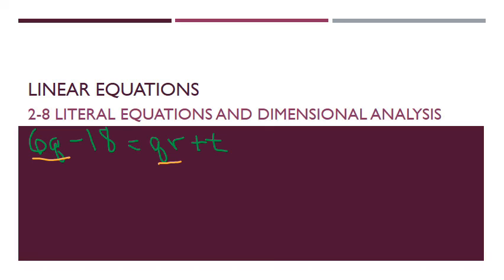And then I've got this term here, this minus 18, and I've got a T. And we're now being asked to solve for Q. Okay, so this presents a little bit of a dilemma. Well, I think what I'm going to do is subtract this QR from both sides, and at the same time add 18 to both sides.